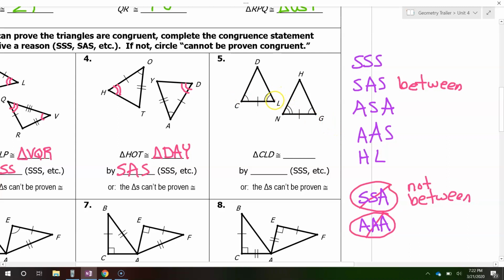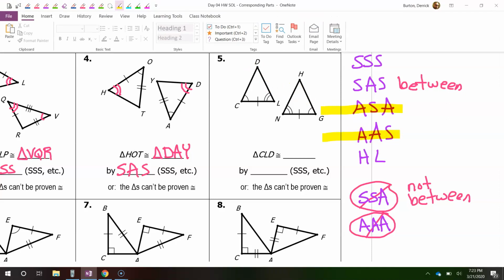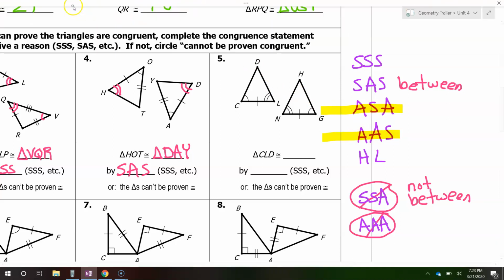Now, for problem number 5, we have two angles and a side. So that narrows it down. So two angles and a side. So it could be this one, which has two angles and a side, or it could be this one, which has two angles and a side. How will we know which one is which?